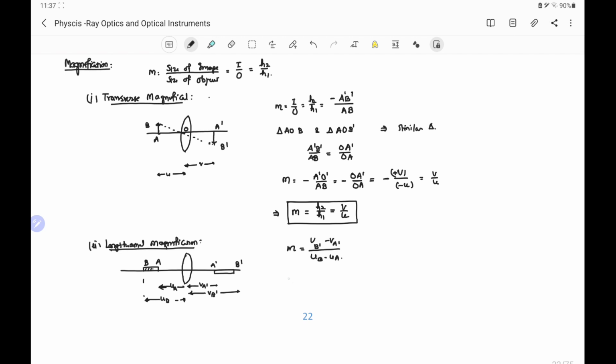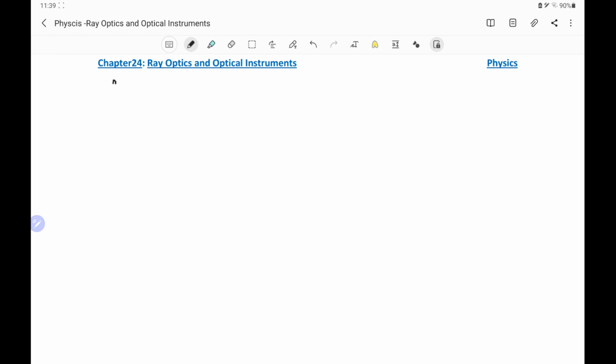If the object is very small, in that case, for small objects, we can consider M will be equal to dV by dU. So we have found that the transverse magnification will be equal to V by U and the lateral magnification for a very small object is dV by dU.